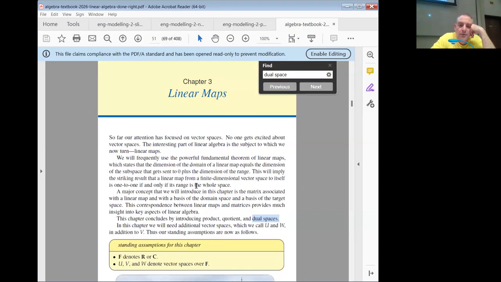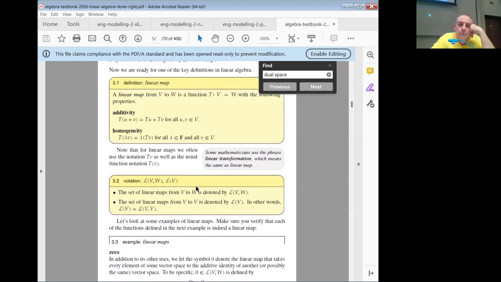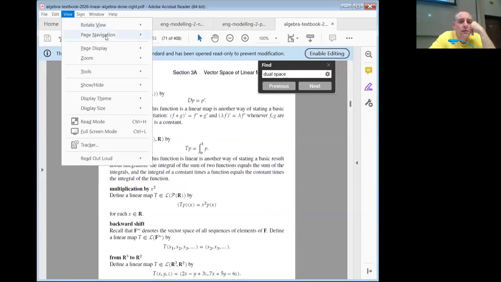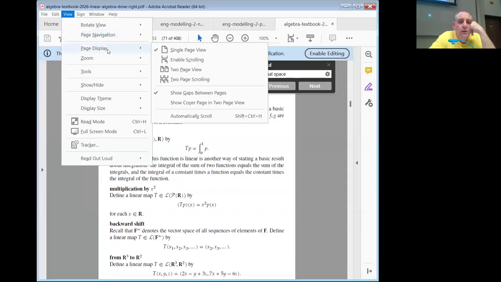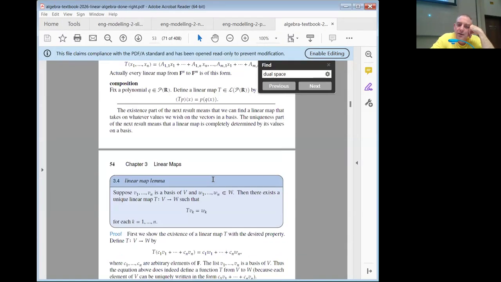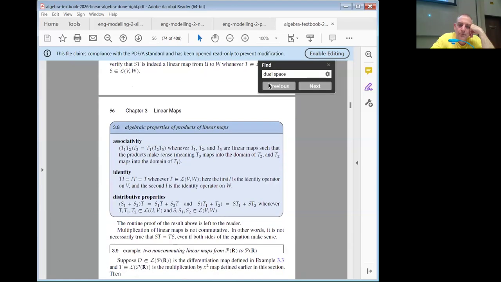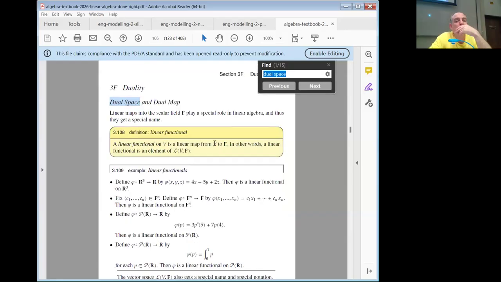It's under linear maps. Can I change the scrolling? Right, that's better. Okay, so I'm going to start here and read some things. I may forget to go back and forth between the paper and the thing on the video, so please feel free to tell me that I've forgotten.